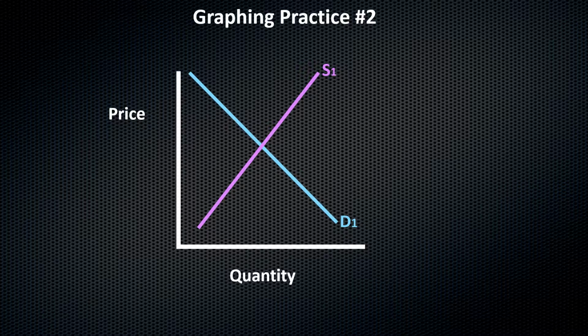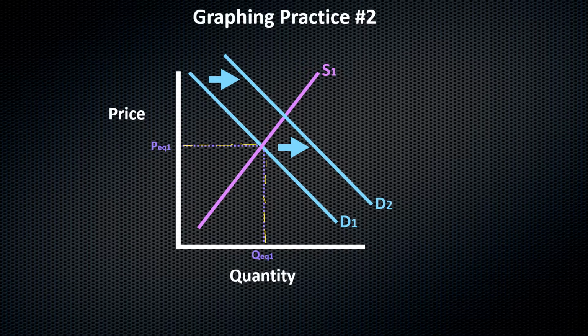Graphing practice number 2. All right, so I draw in everything, price, quantity, supply 1, and demand 1. I'm going to have a double shift this time. So I make sure that I draw in my equilibrium points, and I label them accordingly. PEQ1 and QEQ1. My demand is going to shift to the right, so I'm going to label that D2, but my supply is going to shift to the left, and I'm going to label that S2.